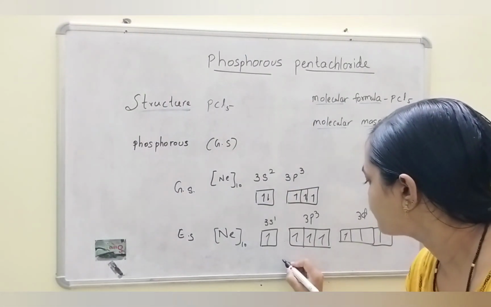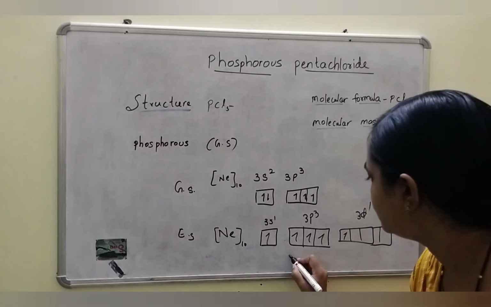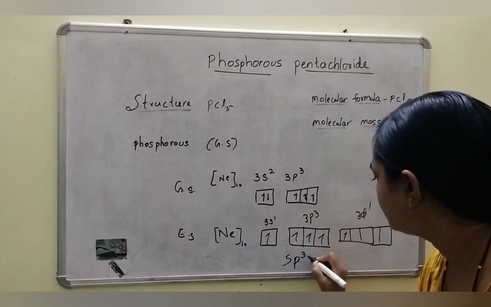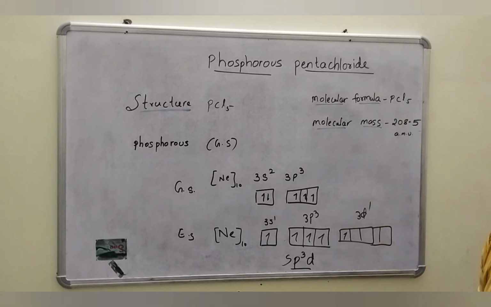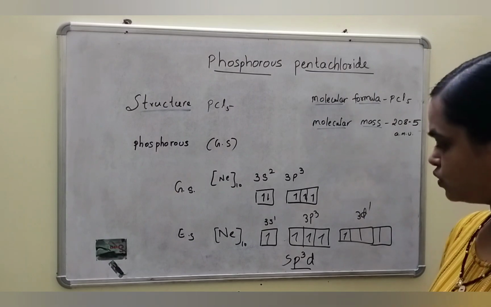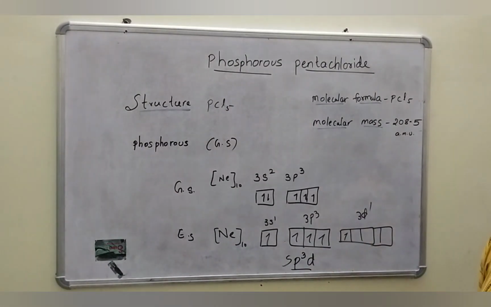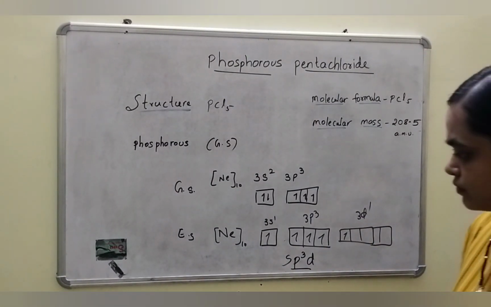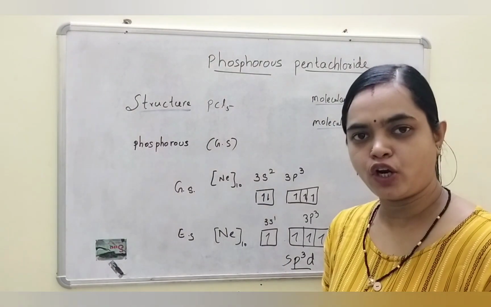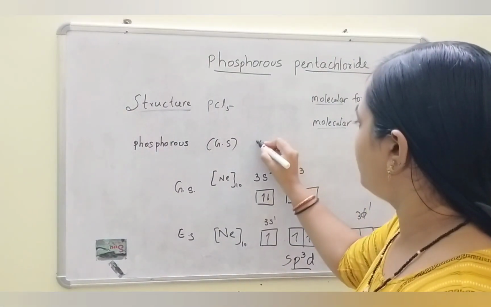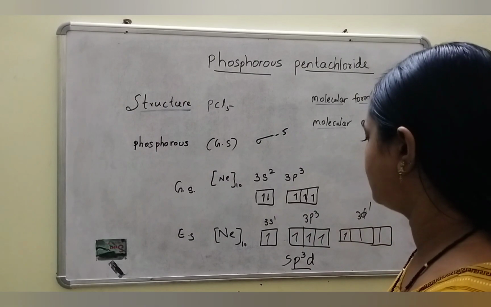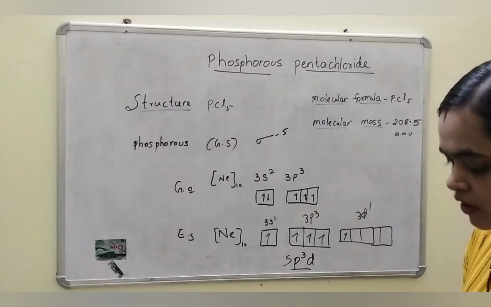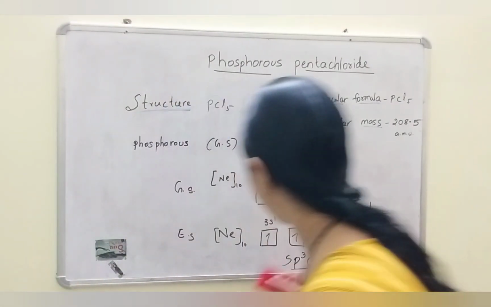So the hybridization is sp3d hybridization. So phosphorus shows sp3d hybridization. These 5 hybrid orbitals form sigma bonds with 5 chlorines.